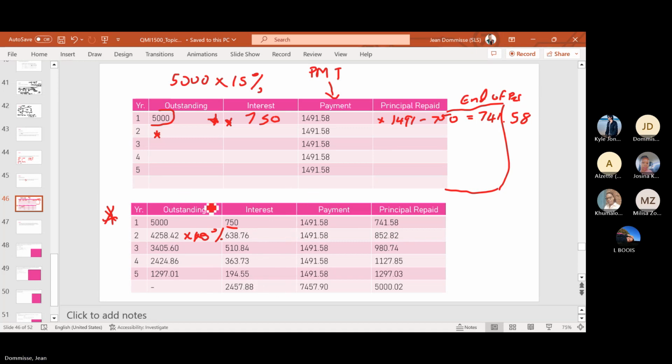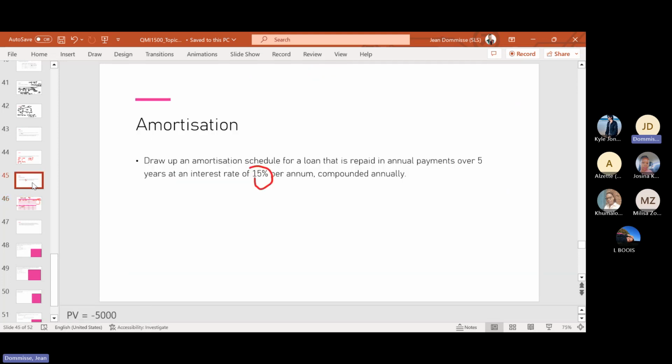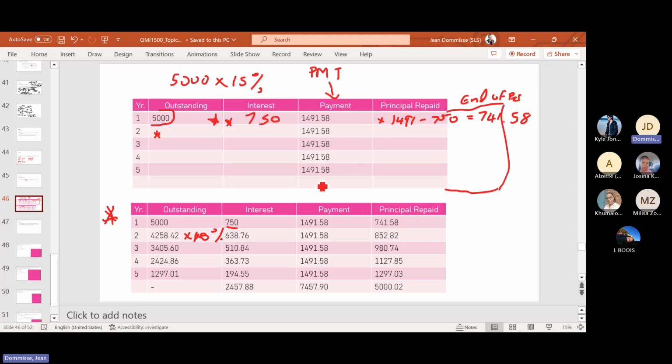So yeah, this is basically amortization, but you can look at it as a very simple way of looking at how your home bond or any other bond that you take out, how you can calculate what is happening in that situation.